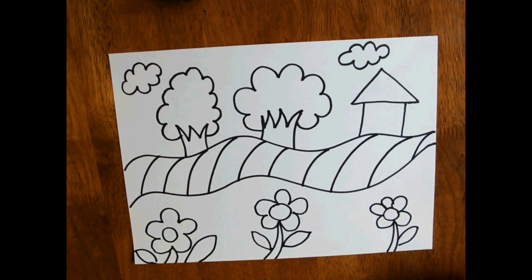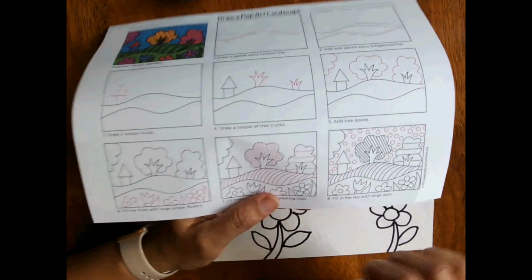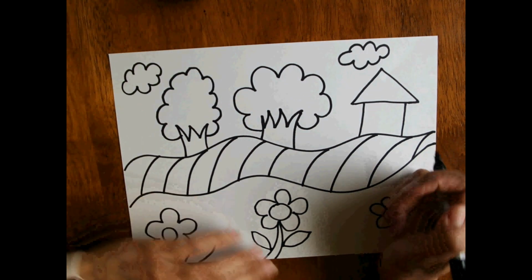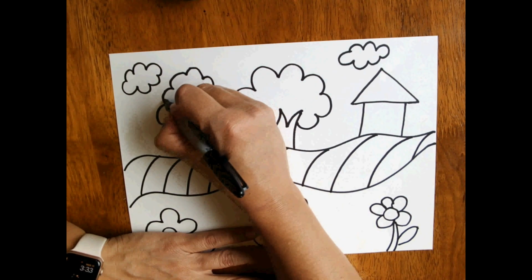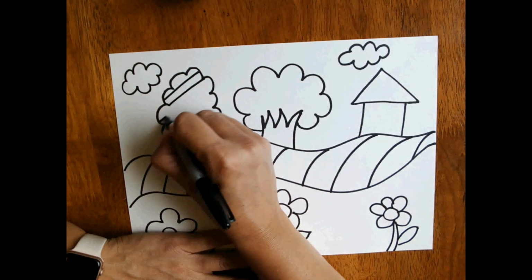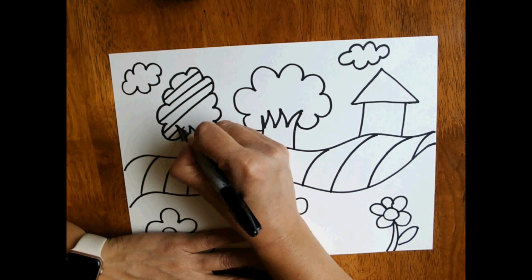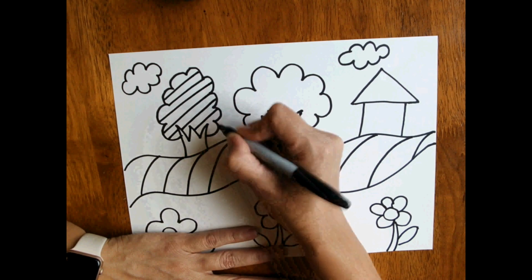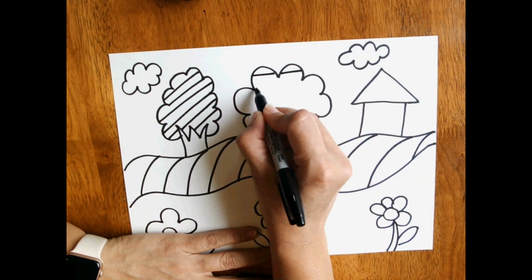Then after we do that, we're going to add some lines to our trees to make them pop. So I am going to do diagonal lines on my tree, this tree here. And then I'm going to do horizontal lines on my tree here.